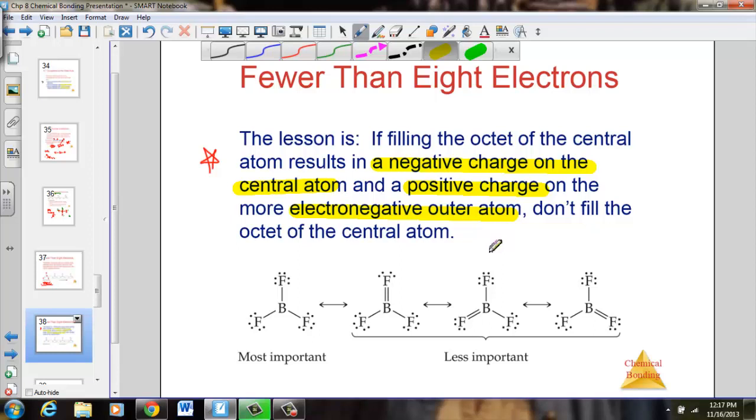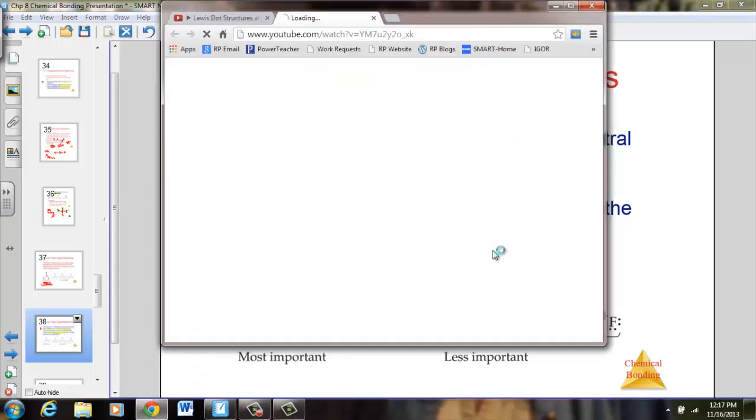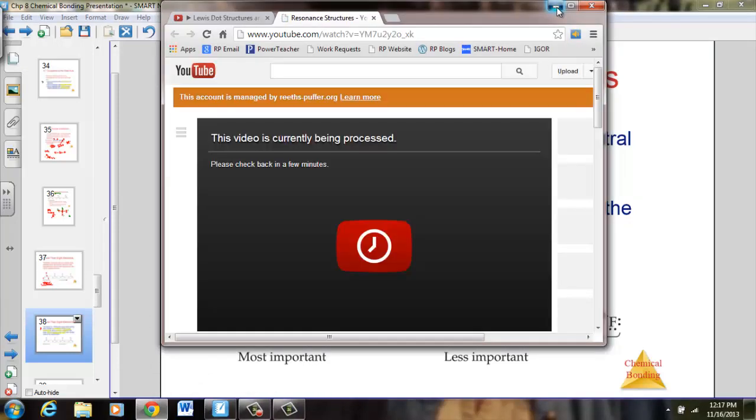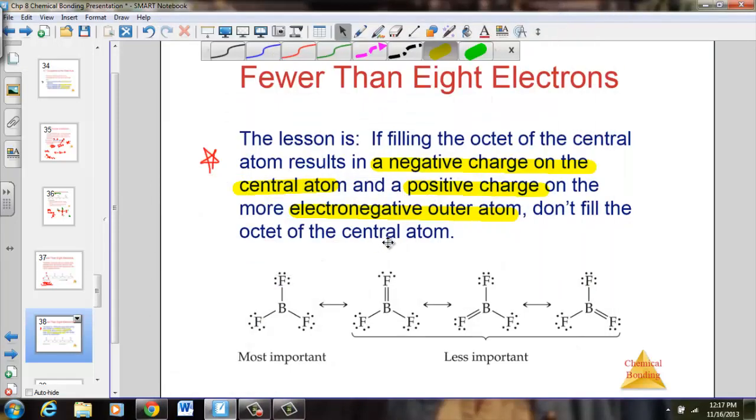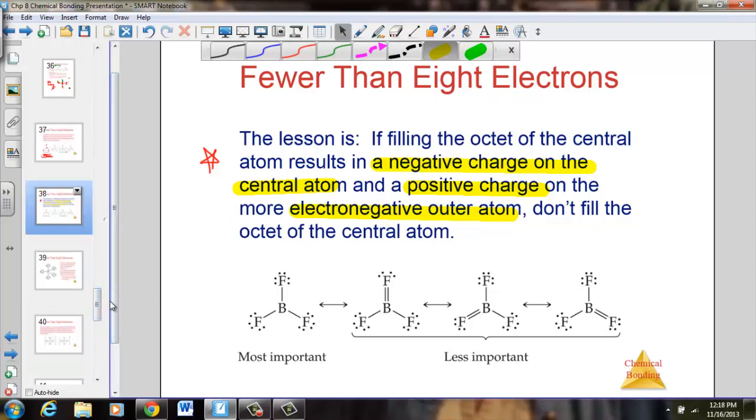When filling the octet of the central atom results in a negative charge on the central atom and a positive charge on the more electronegative outer atom, which was fluorine here, don't fill the octet of the central atom. Break the rule.